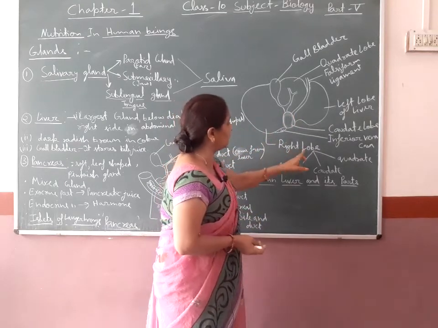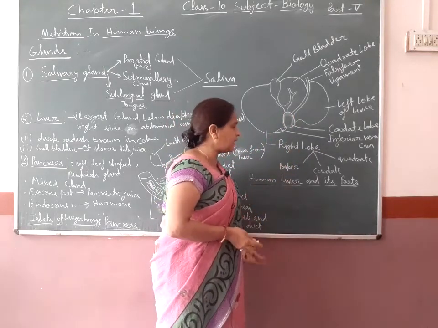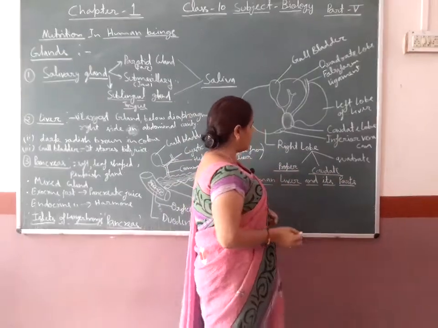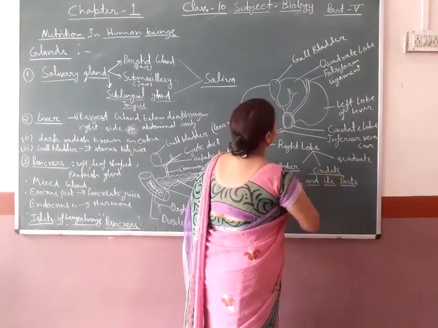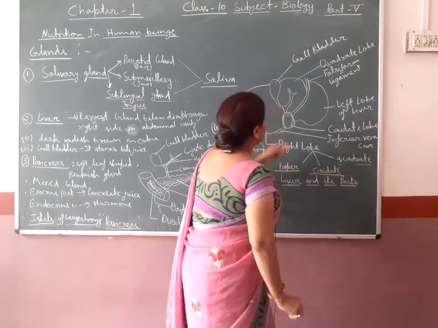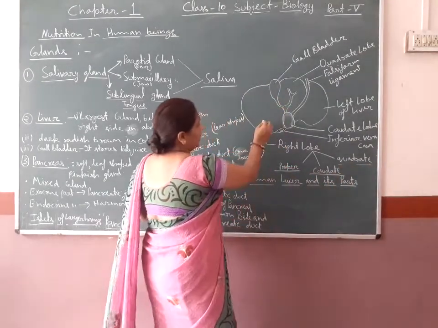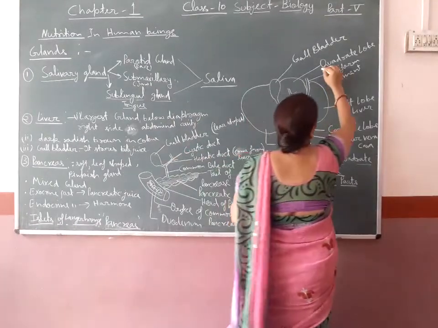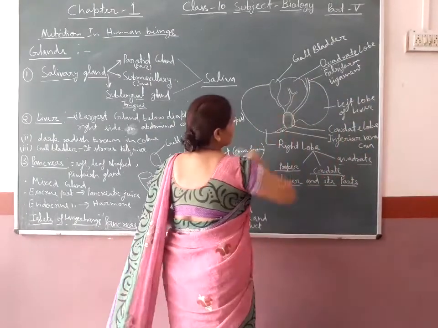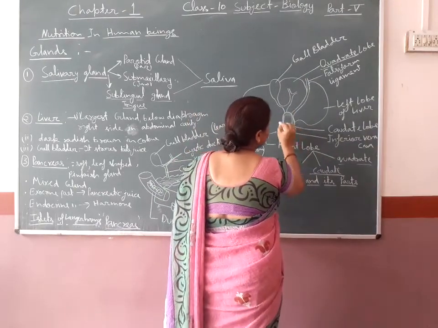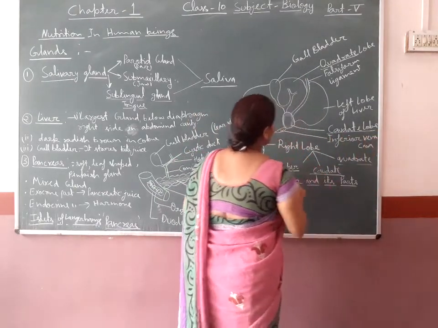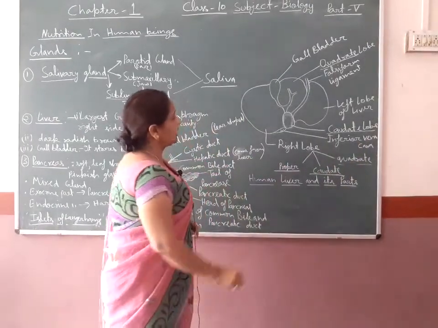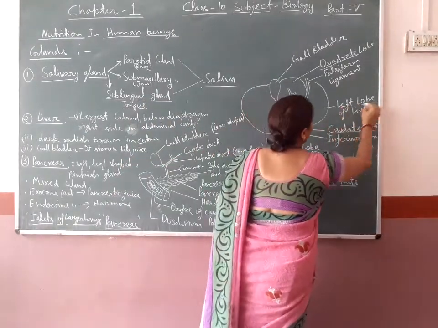The right lobe of the liver is again divided into three parts: the right lobe proper, the caudate and the quadrate. This part is called the quadrate lobe, and this part is small in size and is called the caudate lobe. The second part is the left lobe of the liver.